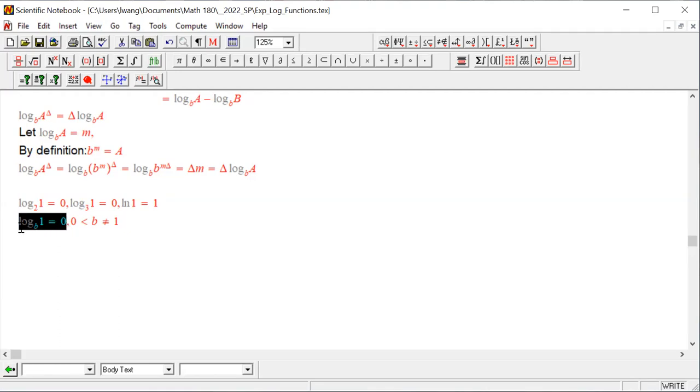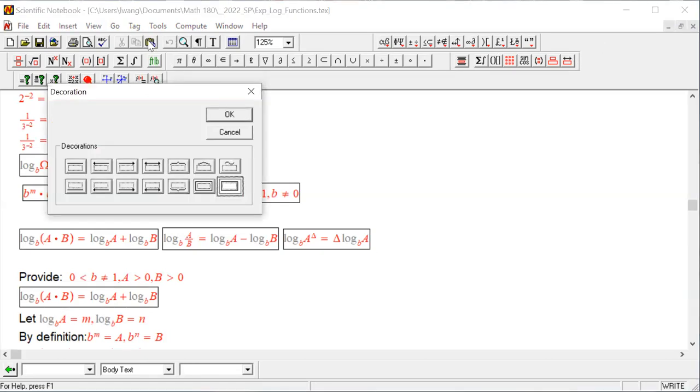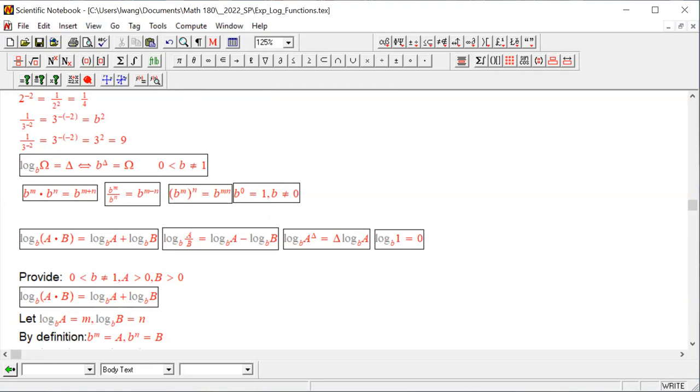And where does this come from? What does this relate to? This is related to the fact that b to the power of 0 equals 1 by definition. So this property is related to that, and these two are related, and these two are related.